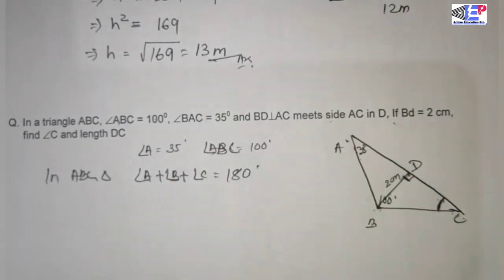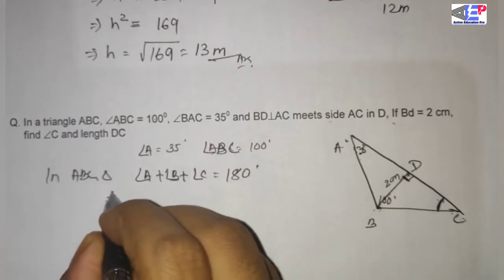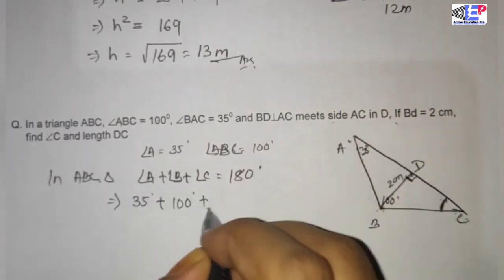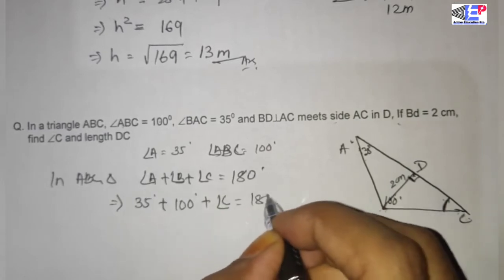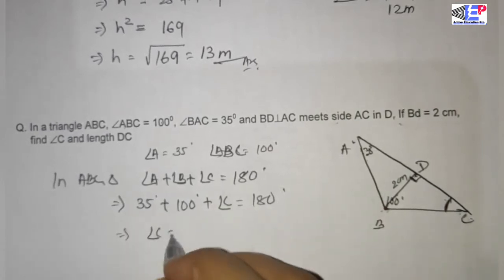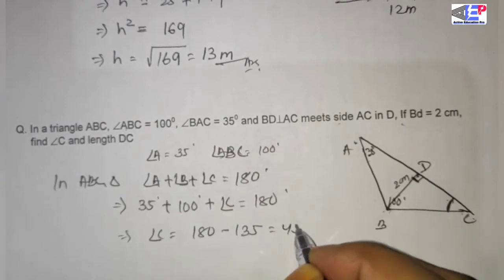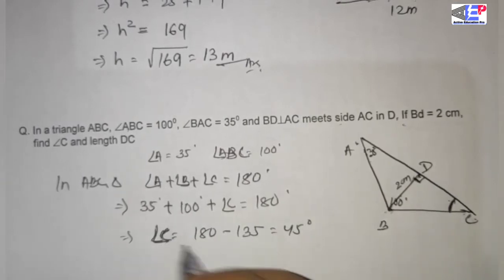It is the angle sum property of a triangle: the sum of the three angles of a triangle is 180 degree. So put the values of A and B. A is 35 degree plus B is 100 degree, plus we don't know the value of C, equals 180 degree, and C will be 180 minus 135, which is equal to 45 degree.